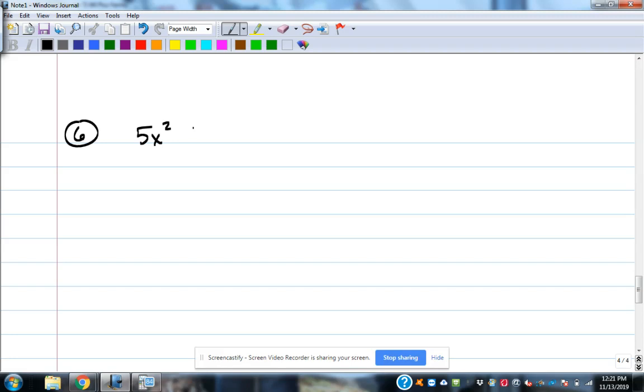5x squared plus 8x to the 5th is 4x squared. What do we do for this? Okay, in descending order, also we need to do what? Get the 4x squared on the same side with everything else.